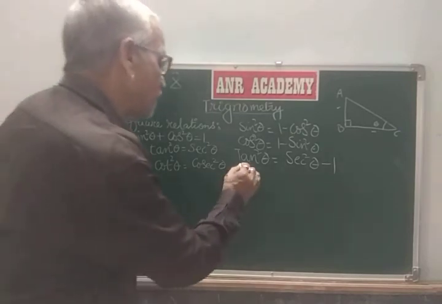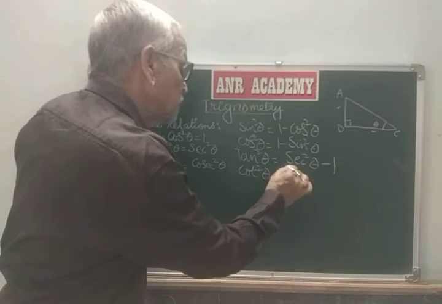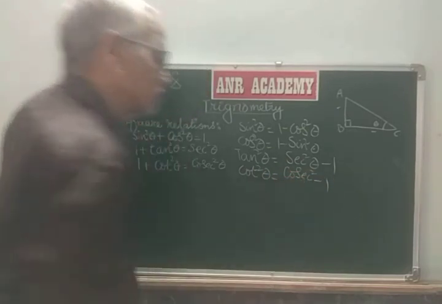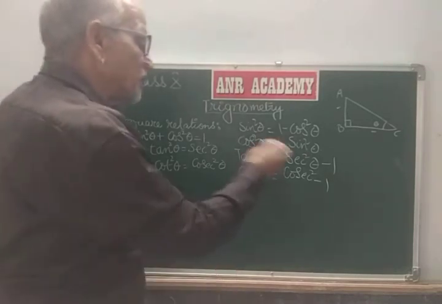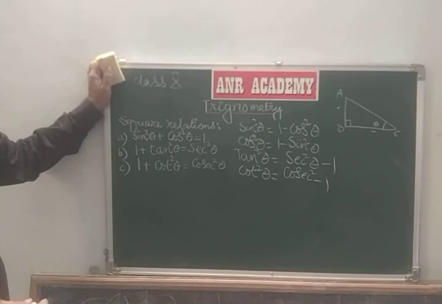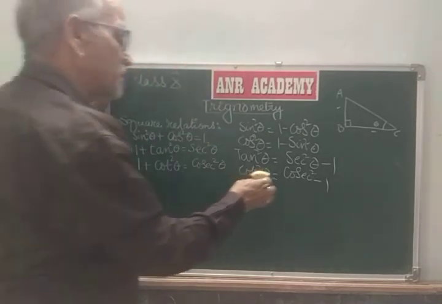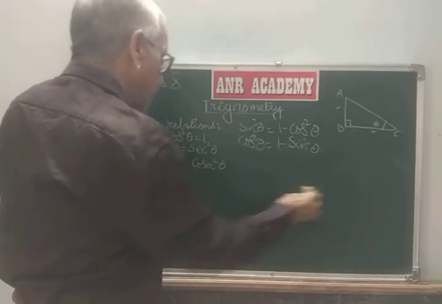In the same way, cot square theta is equal to cosecant square theta minus 1, or secant square theta minus tan square theta is equal to 1. Like that also we can write.